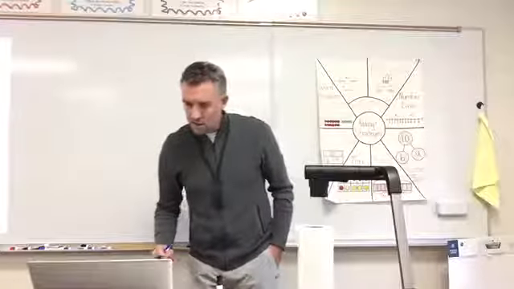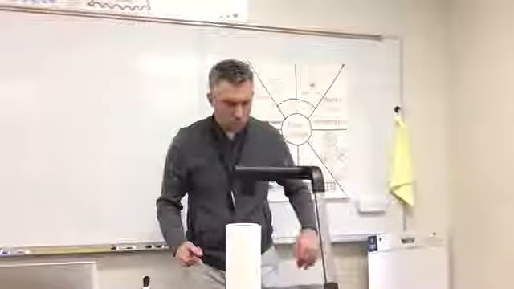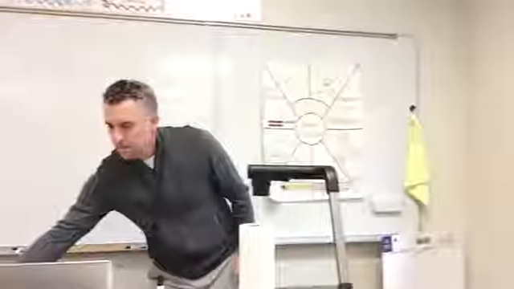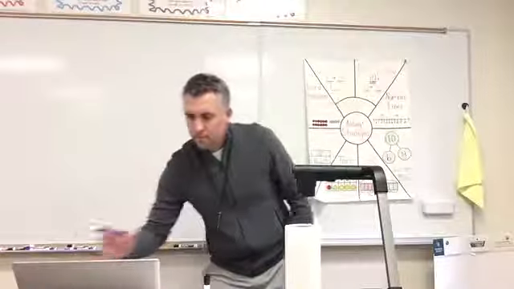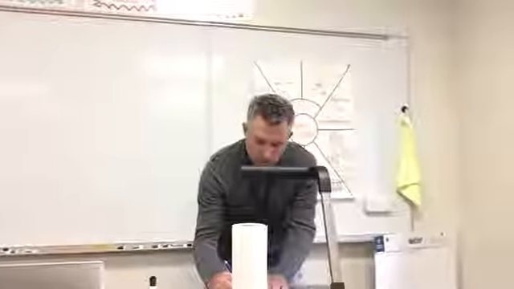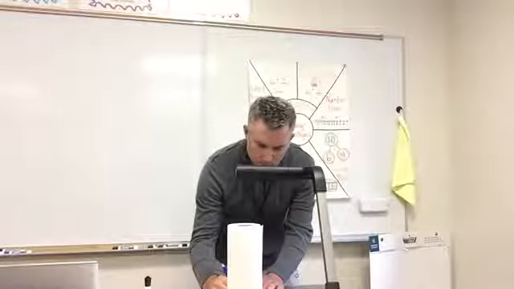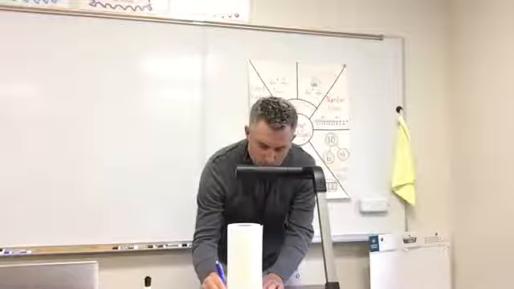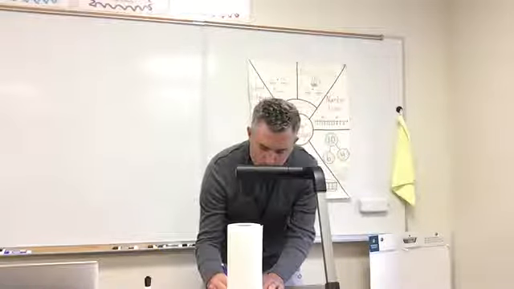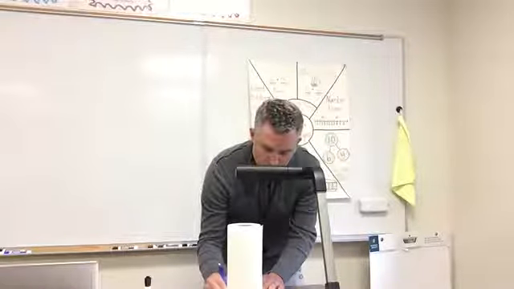Speaking of the quadratic formula, does anybody know what we call... I'll go back to my quadratic formula. The part underneath the square root sign, right here. So specifically, the b squared minus 4ac.